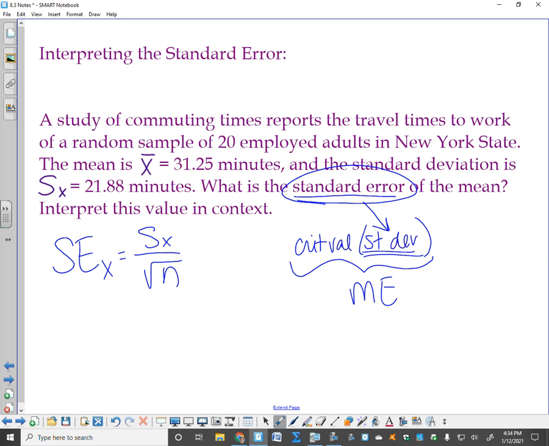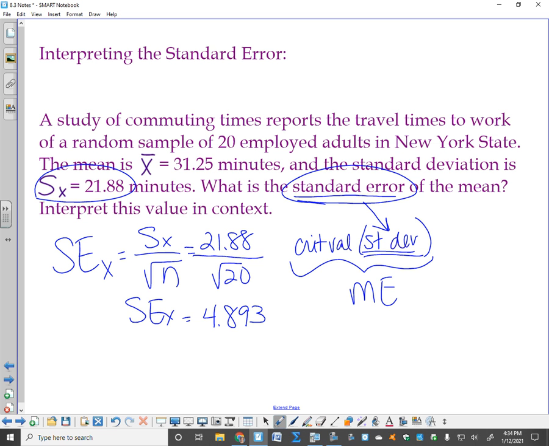Again, normally the top has a sigma, but I don't have sigma, I have sample information. So 21.88 over the square root of 20, and that gives you 4.893. So there is my standard error of the statistic. So all you're doing is finding the standard deviation of this mean. So s sub x over the square root of your sample size.